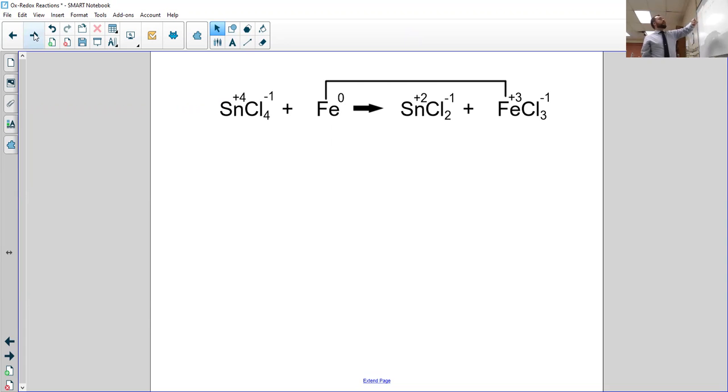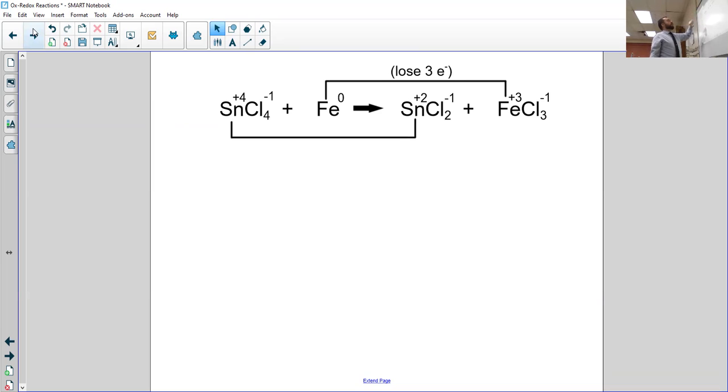We can see that this iron goes from 0 to +3. That is a change of 3 electrons, and we're losing those electrons. You might be thinking, we're going from 0 to +3, that's going up, that's gaining, right? Remember, electrons are negative, so losing a negative is gaining a positive. So we're losing 3 electrons here from 0 to +3.